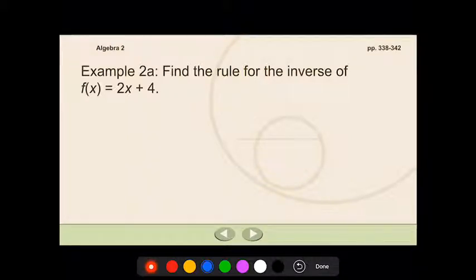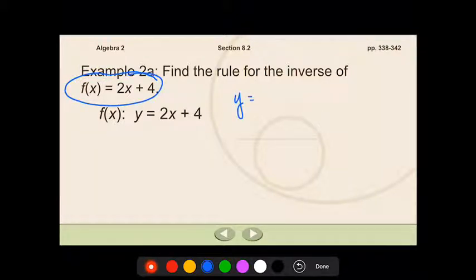Find the inverse. So we're looking for the inverse function of the function that's given to us. So the very first step is to get rid of the f of x and rewrite it as y. So I'm taking this and writing it as y equals 2x plus 4. So your first step in finding the inverse of a function is to replace f of x with y.